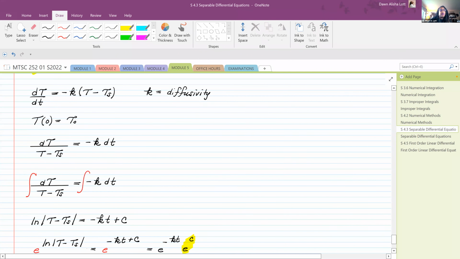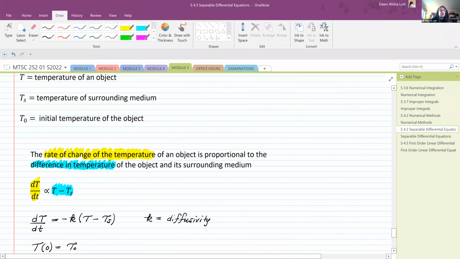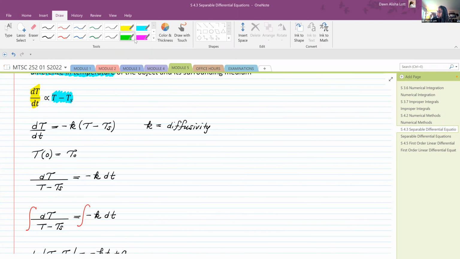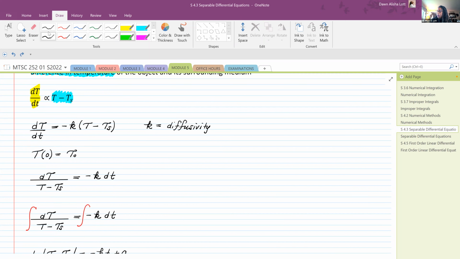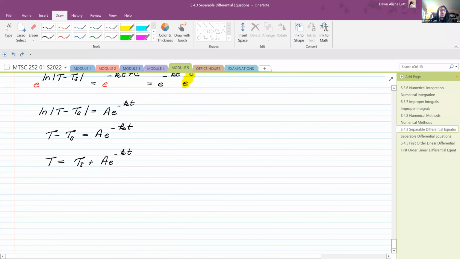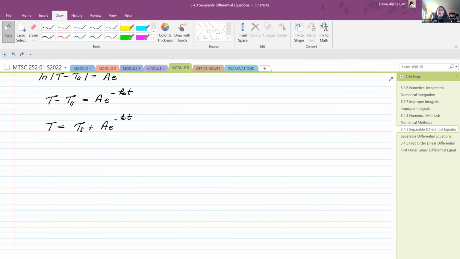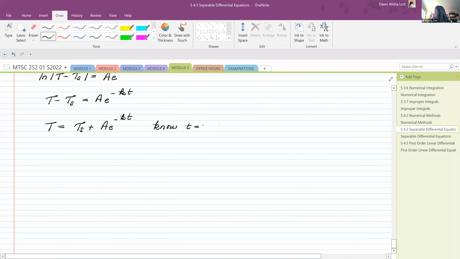Remember I said, if you have an initial condition, which we do, whenever you have an initial condition, you are not done until you've solved for all the constants. So I have to figure out what that A is. So now we know that when t is equal to 0, capital T of 0 is T naught. So therefore we get T naught is Ts plus A e to the 0. That's simple.